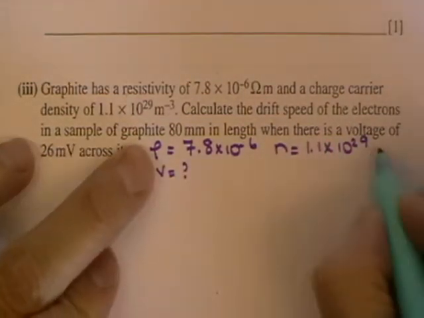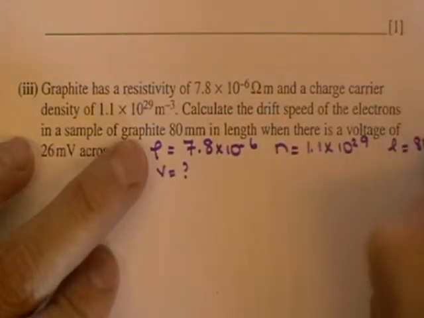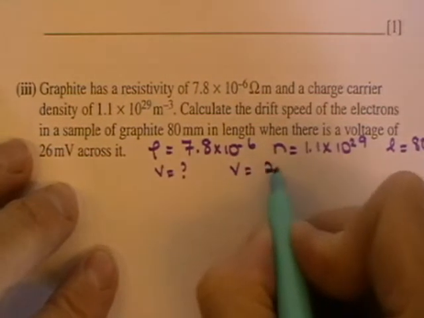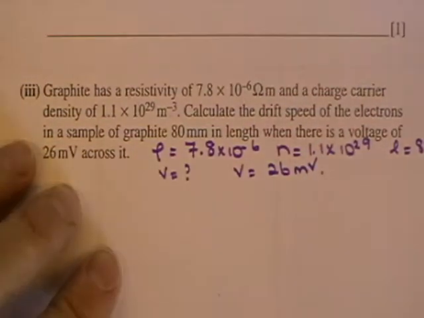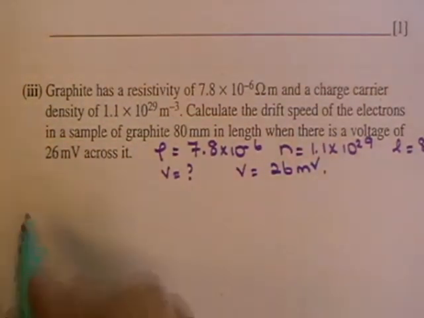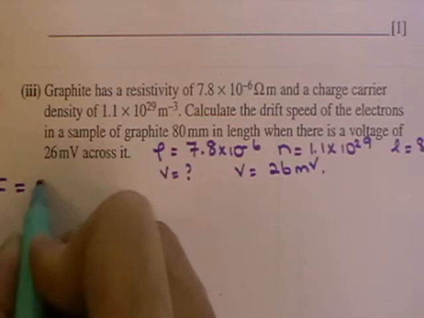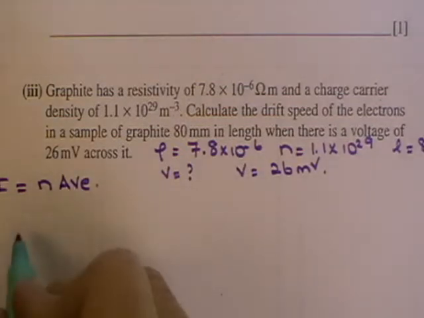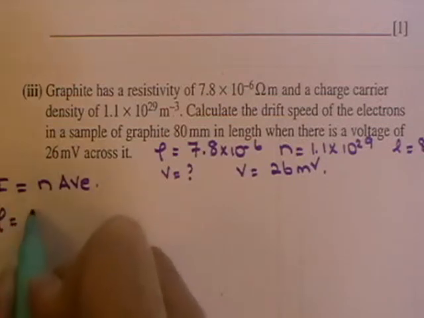In a sample of graphite, length is 80 millimeters and the voltage is 26 millivolts. So what we need there is I is equal to nAve. First of all, I'm going to calculate the resistance separately, using rho is equal to RA over L.